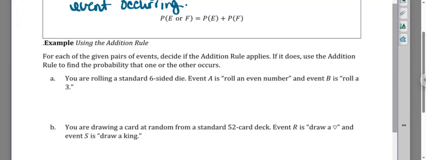So if you're rolling a 6-sided die, event A is rolling an even number, event B is rolling a 3. So can you get an even number and a 3 at the same time? No, because 3 is not an even number. So let's take a look at it. The probability of A is half of the numbers on the die are even, right?